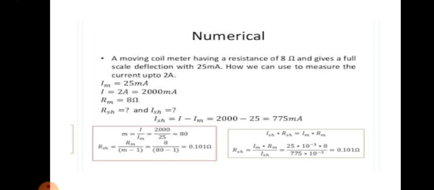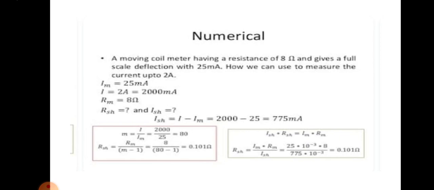Firstly we calculate ISH by subtracting the IM from the main current: 2000 minus 25 milliampere gives 775 milliampere, that is the shunt current. Now calculating M, that is I upon IM, 2000 upon 25, it will give 80.